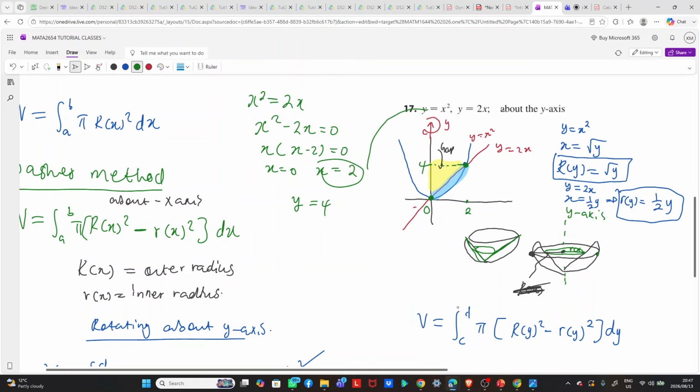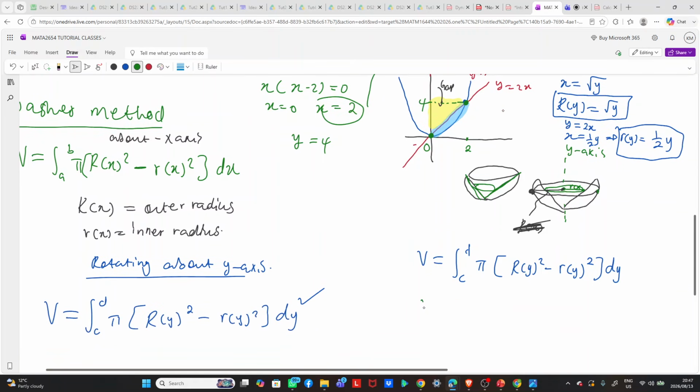So the volume is going to be defined by the integral from 0 to 4 of pi times, what is R of y? The big R of y is square root of y. So you'll have square root of y raised to the power 2 minus small r of y, which is 1 over 2 y, raised to the power 2. Then dy.